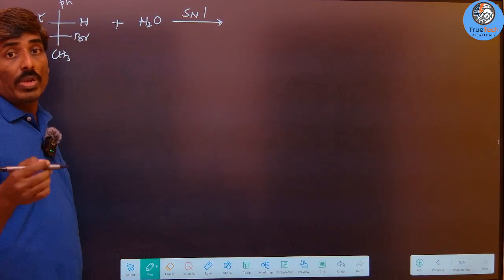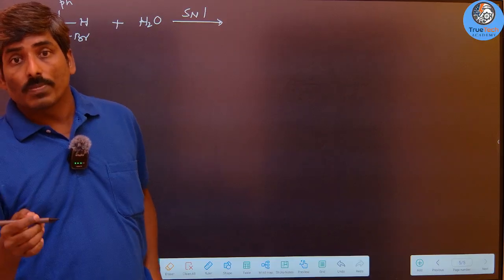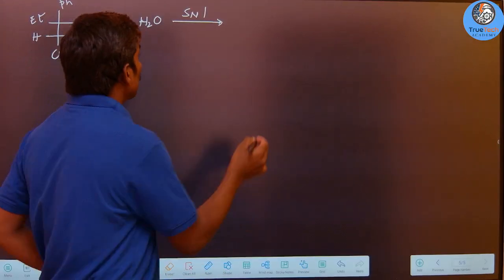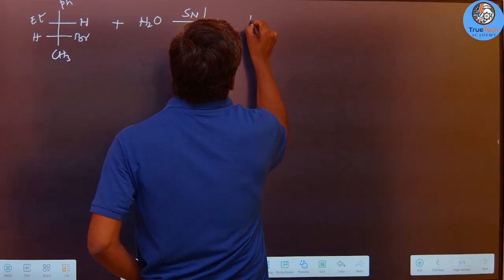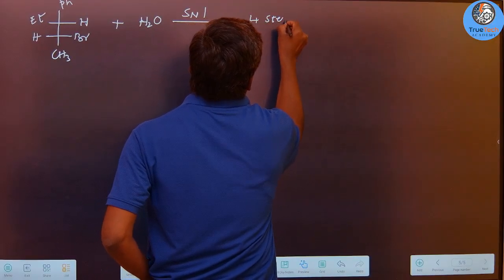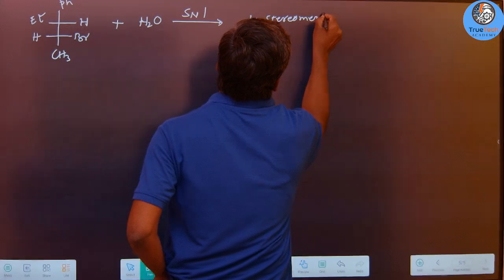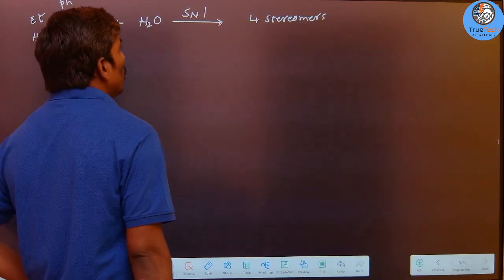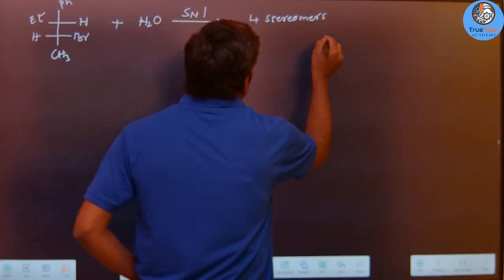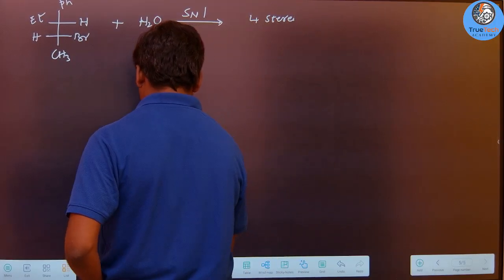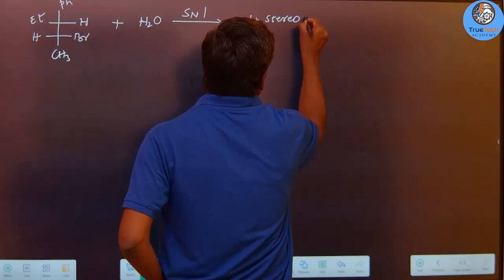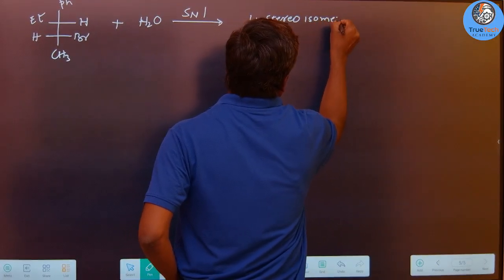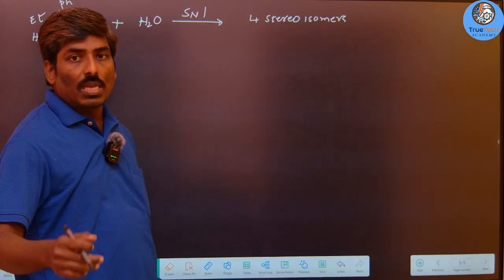So here you are going to get four stereoisomers. For the stereoisomers as products, we will see.